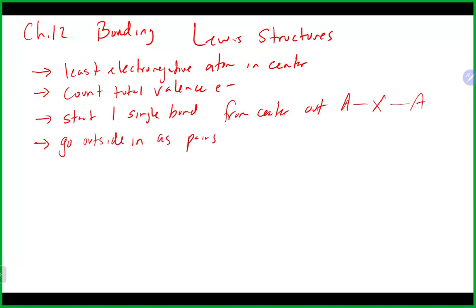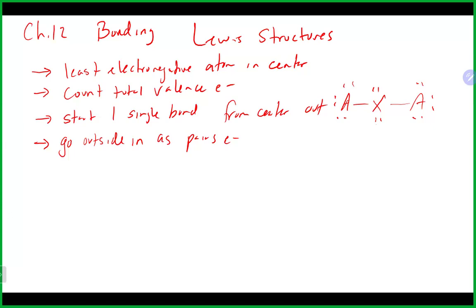So if you have more electrons at that point, which you probably will, you want to fill up all the outside atoms until they have 8, unless, of course, it's hydrogen. If you fill up all the outside atoms and you still have electrons to put on, then you should go to the center, and those also should go on as pairs of electrons. Once you hit the center, you should be out of electrons, hopefully.